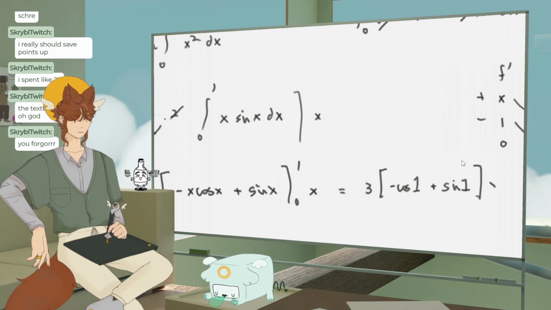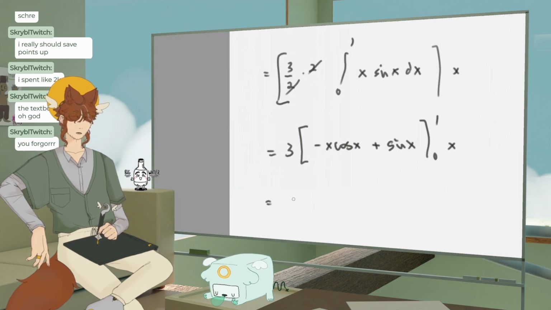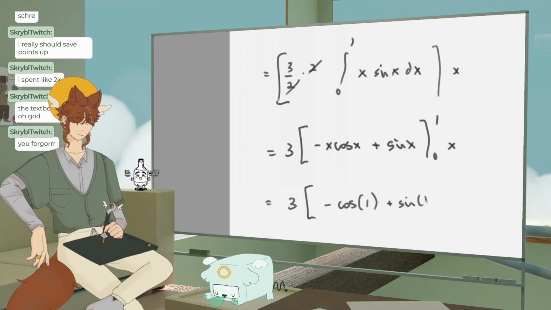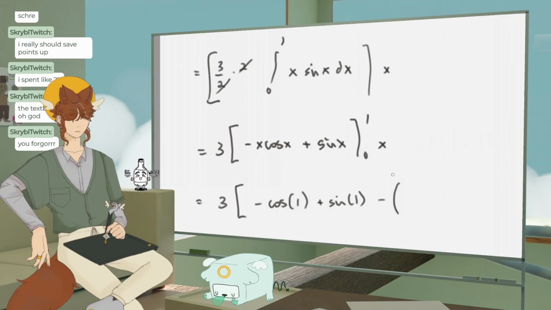Oh, and we do have to do the 0 because they're not always going to be 0. Okay, well, so 3, let's see, negative cosine of 1 plus sine of 1 minus... oh, I should put on Super Paper Mario. Okay, cosine of 0 is 1, but it's 0 because of the x, and then sine of 0 is 0, it's 0, okay, never mind.